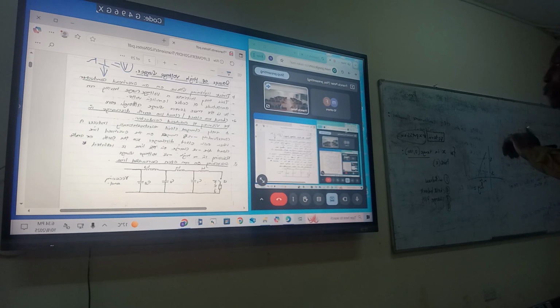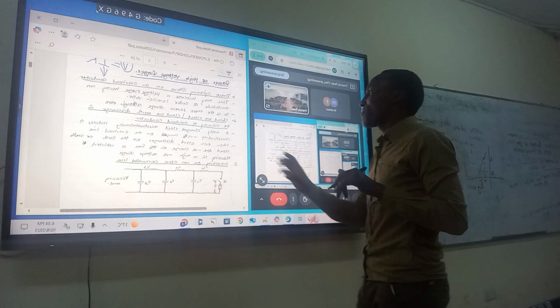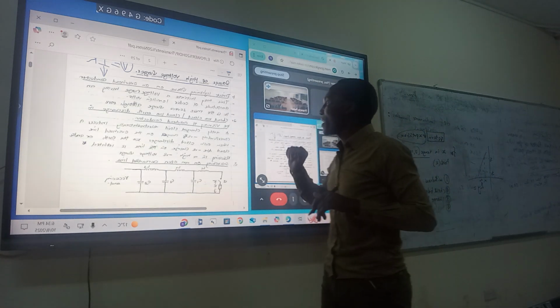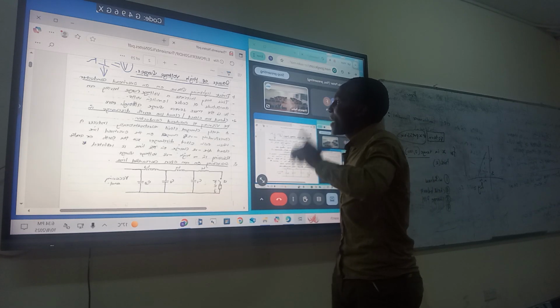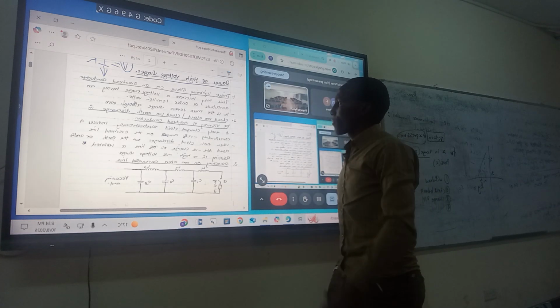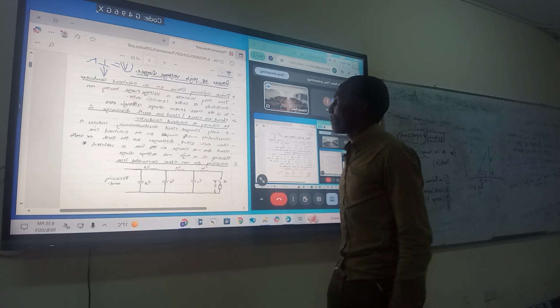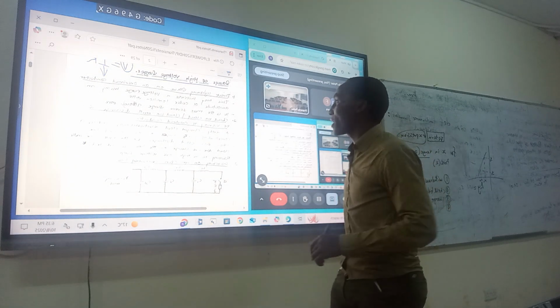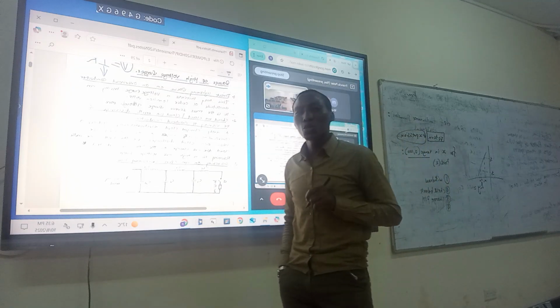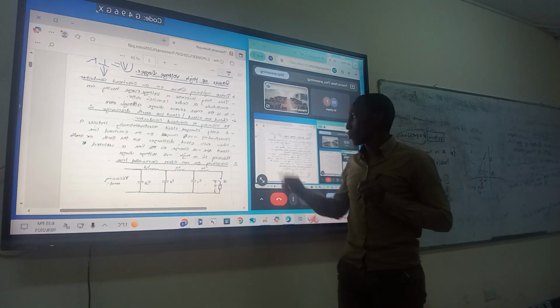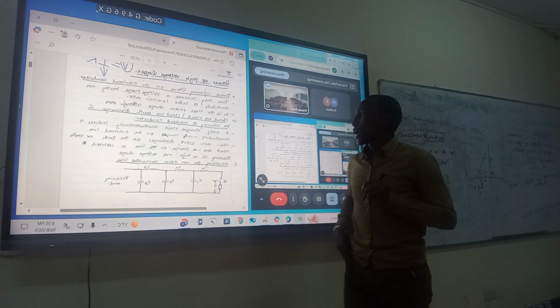That is now when we have the lightning. You understand that lightning is accompanied by more electrons which are charged. Now those electrons make the voltage rise up to millions of volts, kilovolts, and that will mean that our transformer will not be able to handle the voltage that is being transmitted.